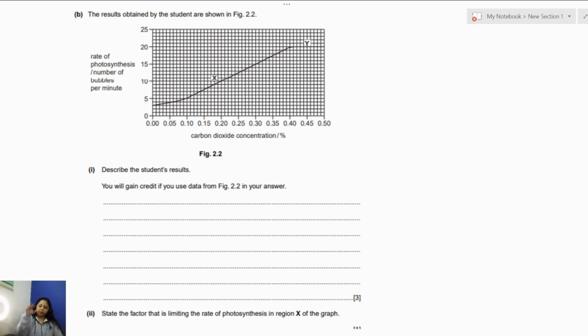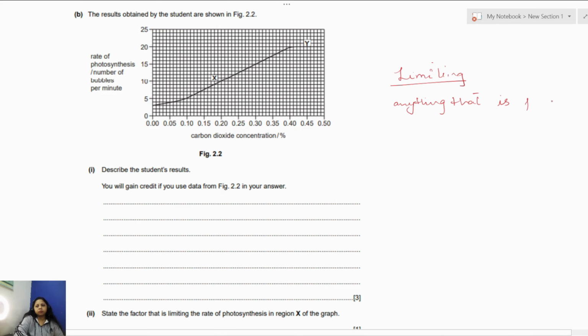What are the limiting factors? Let's say a limiting factor is anything. Think again. What is the graph about?